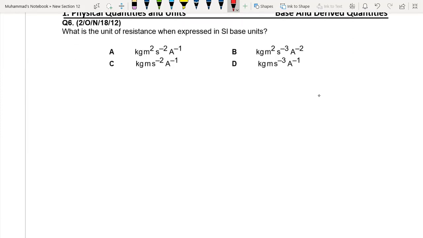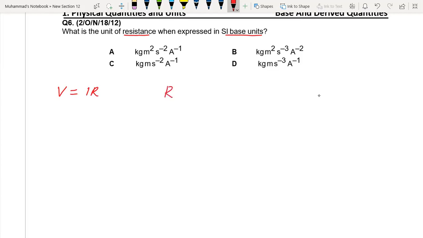What is the unit of resistance when expressed in SI base units? We have to work out the unit of resistance, and you know that according to Ohm's law, V is equal to IR, and this is the equation from which resistance is defined.